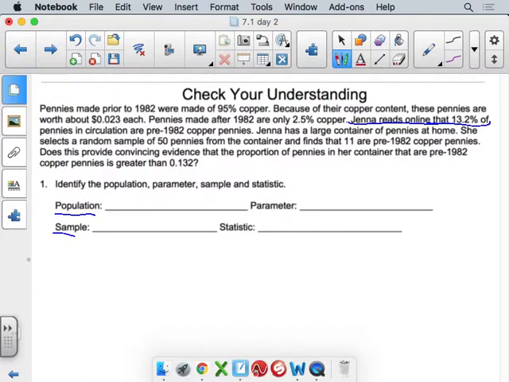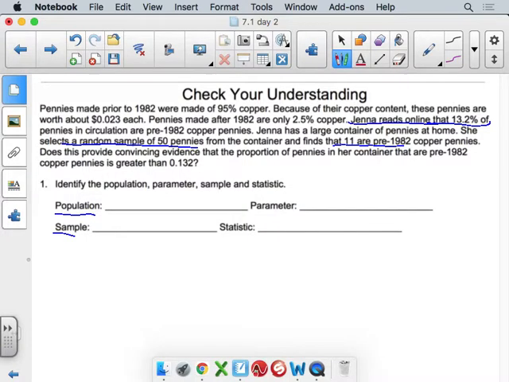So she has a large container at home. She did a random sample of 50 pennies, and she found that 11 of those 50 were pre-1982. Does this provide evidence again? So some words that we're going to go over: population and sample. What's our population we're looking at, and what's the sample that we took?